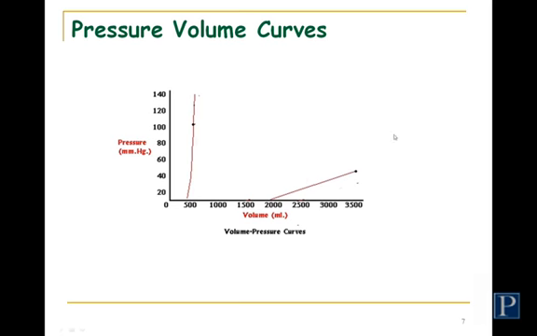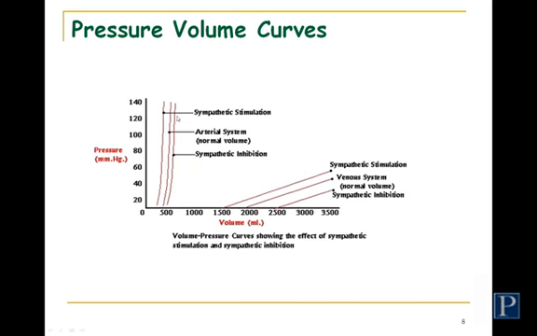Now, if you look at the same volume pressure curve with the other curves placed on it, what that is trying to show is the effects of either stimulating the sympathetics or inhibiting the sympathetics on compliance or capacitance. And we could also say on volumes.